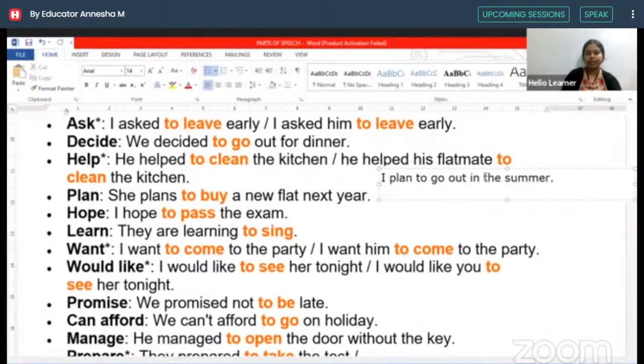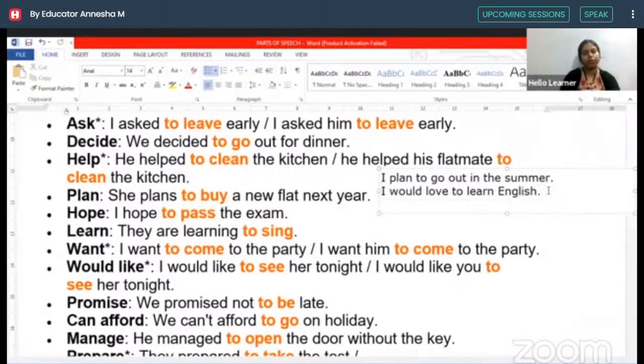Yes. Next, anyone else? बताइए अभय. Try कीजिए. Promise, manage, decide. Yes, Dipali, Shweta. Try, guys. I would love to learn English. Very good. I would love to learn English.